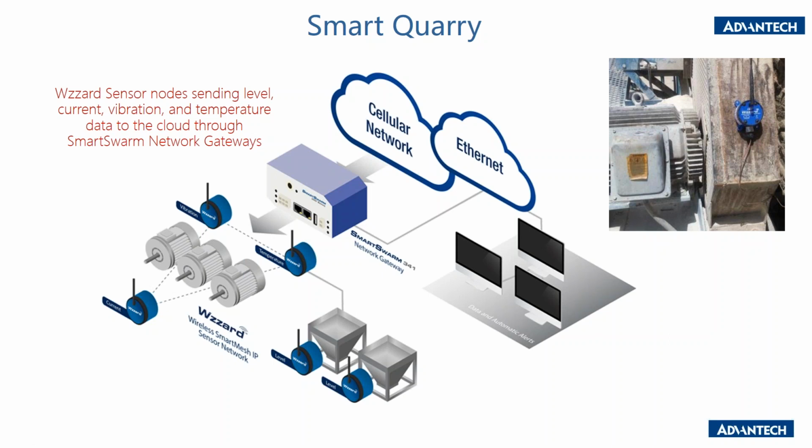So they're sending level, current, vibration, temperature to the network gateway. Is a bearing starting to fail? Is it heating up or vibrating more? What's the level of our hoppers of the bulk material as it's going through the crushing process? All of this is really, really valuable for people operating this equipment, both for the operation, and you can also imagine.